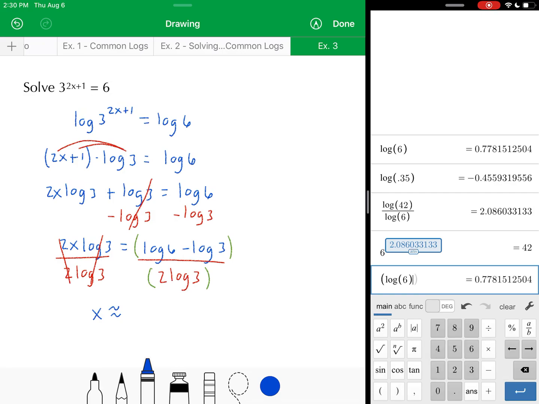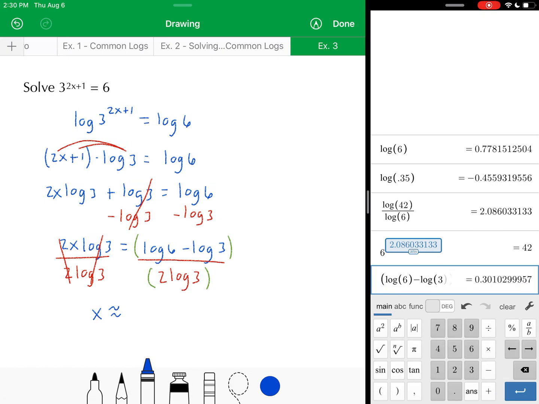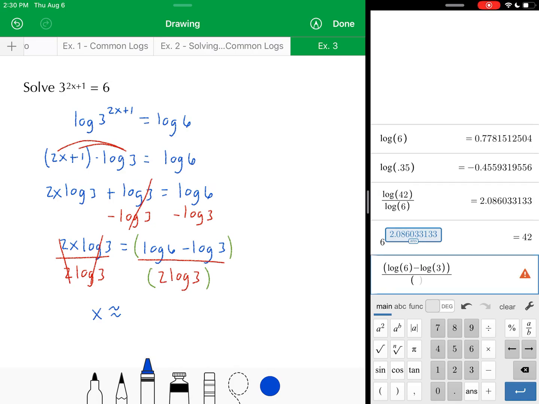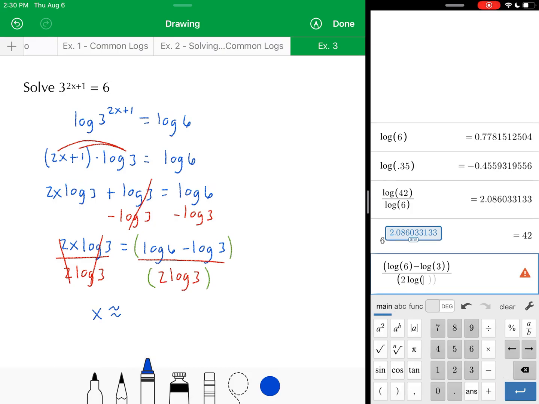Make sure you close out log 6, subtracted by log of 3. Close out log 3, then close out your numerator, and now that's divided by parenthesis 2 log 3. And we're winding up with 0.3155.